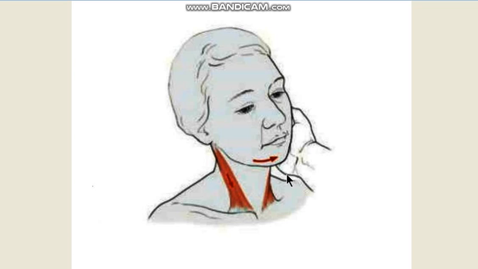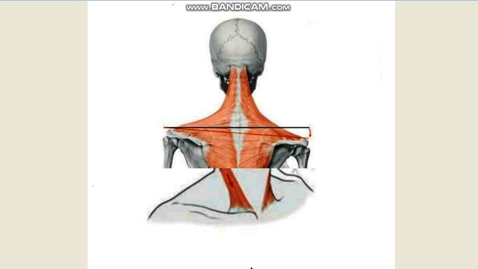After this deviation, there is going to be further degeneration, shrinking, and cord-like hardening of the sternocleidomastoid. This paralytic spasm-like hardness of the sternocleidomastoid along with a deviation of the head towards the paralyzed side is also called torticollis.